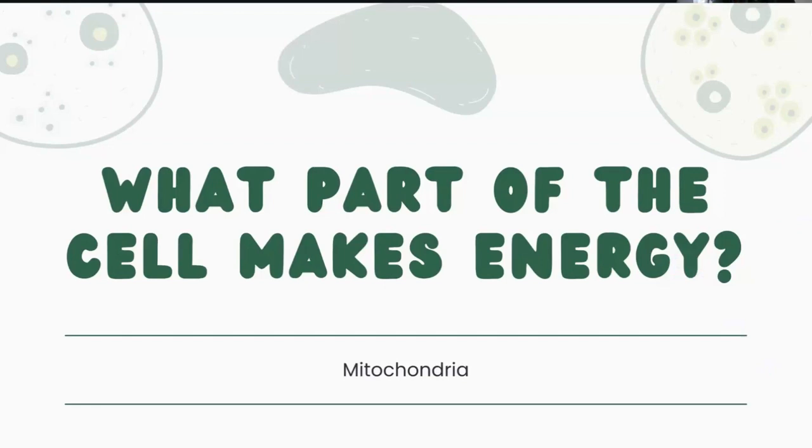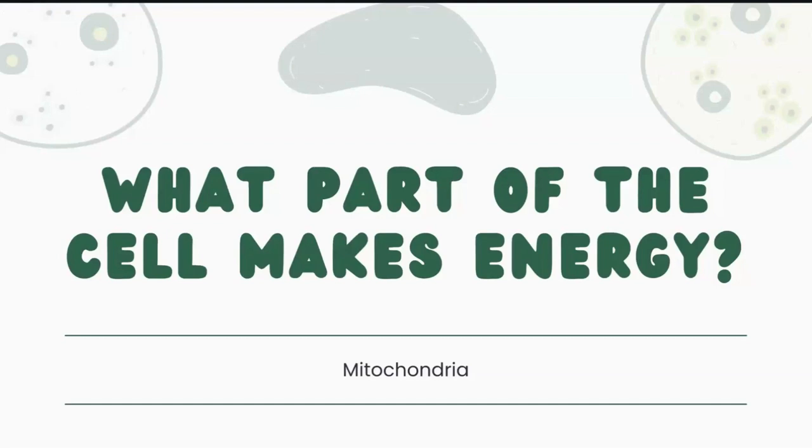Sorry, I didn't mean to confuse you guys. I know I said earlier that chloroplasts, I guess the way I phrased it was wrong, but chloroplasts don't make energy by themselves. They convert energy. They take energy from the sun and convert it into their own kind of energy. So that's why chloroplast isn't the answer to this question.